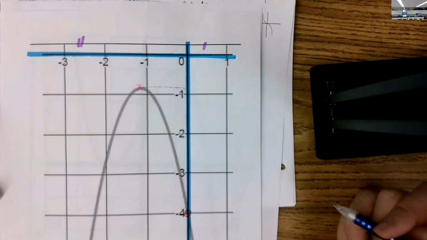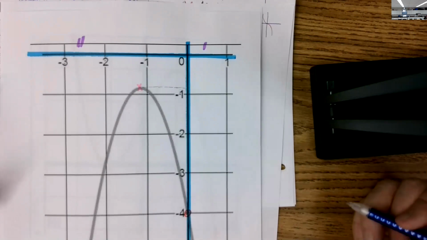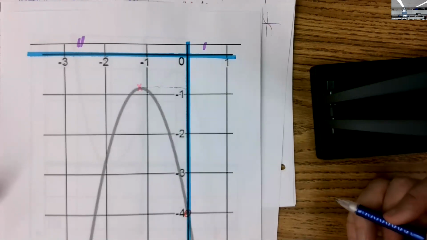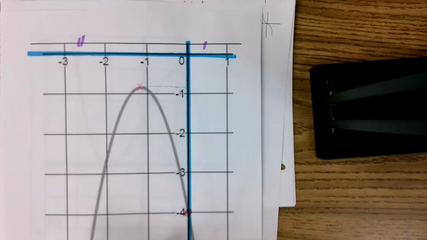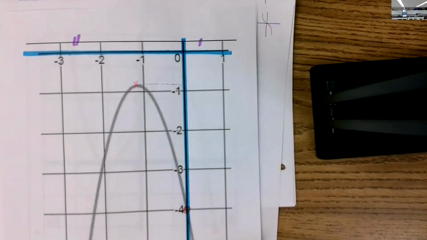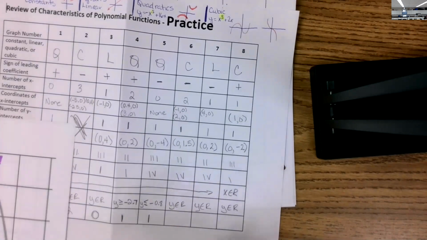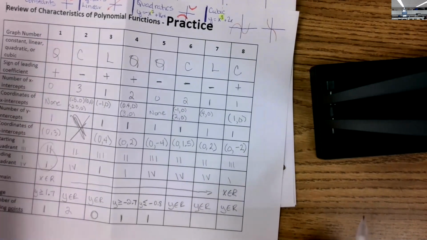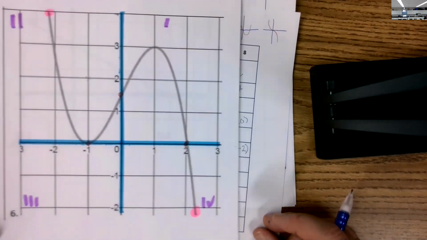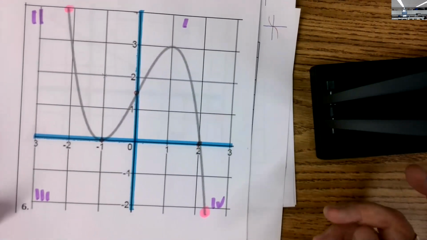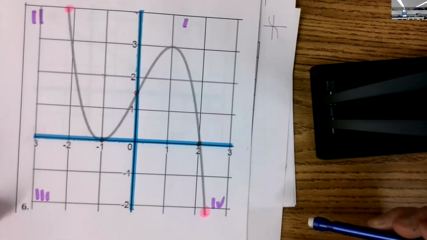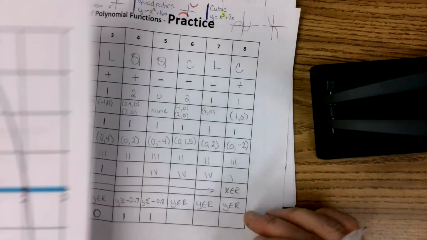How many times does it change direction? Once. Perfect. Yep, you're driving in your car uphill, downhill. Cool. All right, number 6. Clarissa, how many times did that change direction? Twice. Nice.